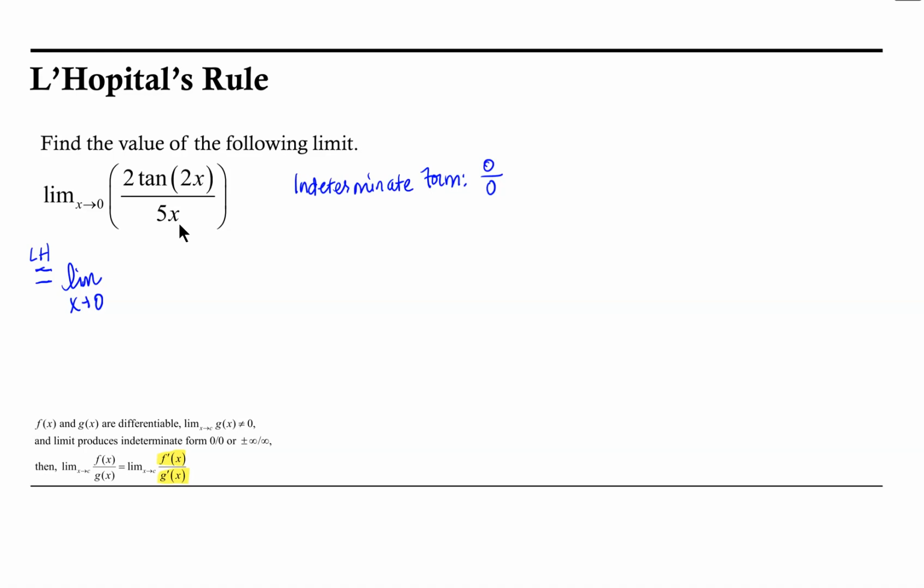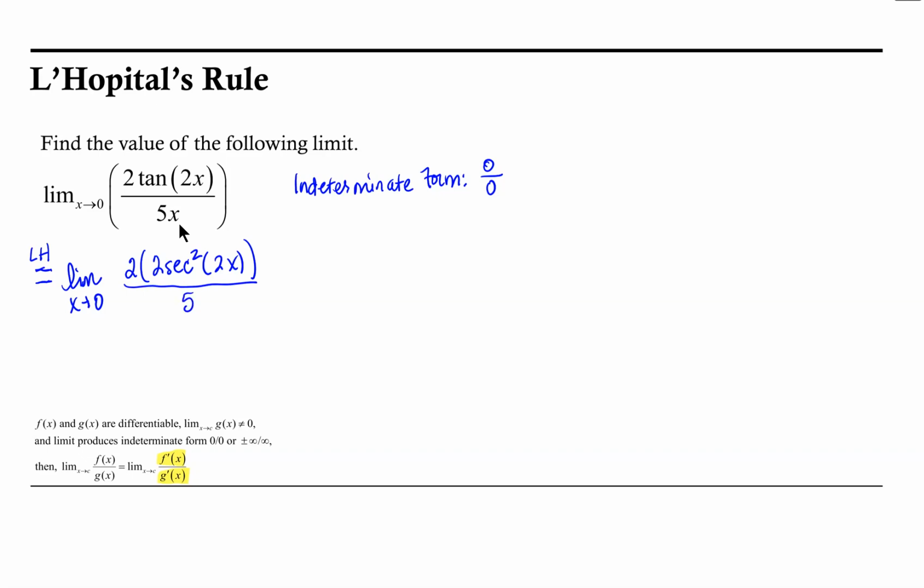So the derivative of the numerator would be 2 times 2 secant squared 2x, where the derivative of tangent is secant squared, and because of the chain rule, we would need to multiply by the derivative of the argument, which is the source of that 2. So that's the derivative of our numerator divided by the derivative of the denominator, which is 5.